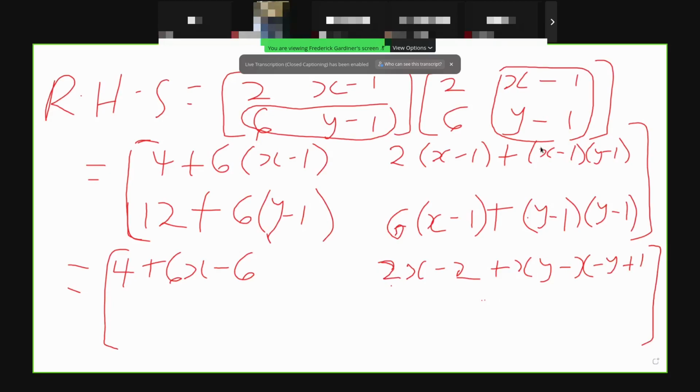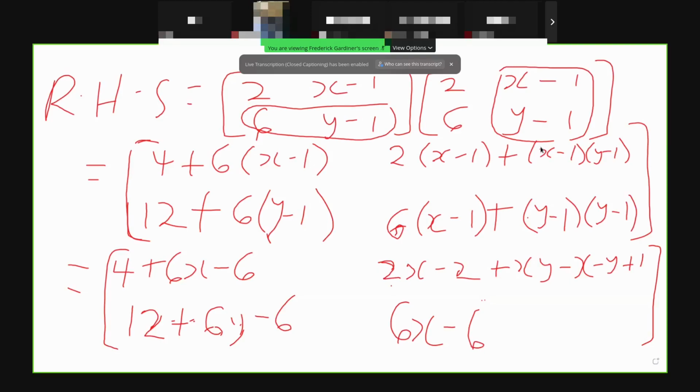And we come to the second row. We are simplifying. We are going to get 12 plus 6y minus 6. Then on the same second row, we have 6 multiplying x minus 1, which will give us 6x minus 6.